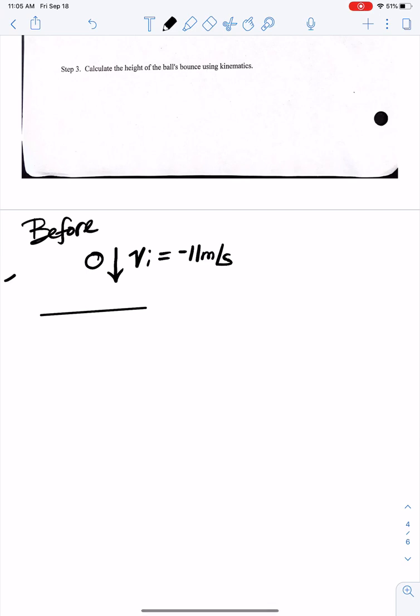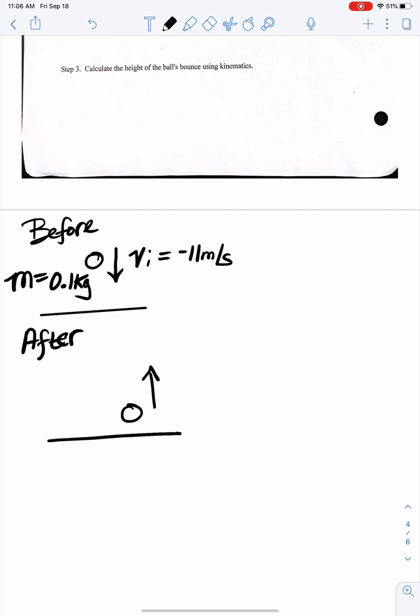The mass is equal to 0.1 kilogram, because 100 grams is 0.1 kilograms. The after, the ball is going to bounce, right, and head upwards. And this final velocity after the collision is what we want to know, right?